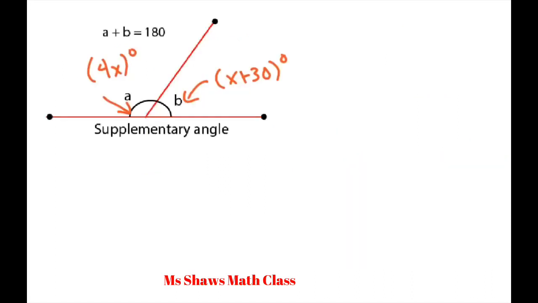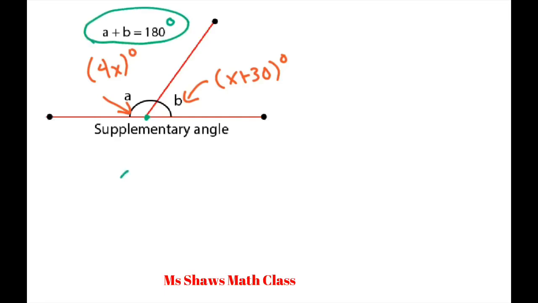Okay, these are the typical ones you get on a test. So basically this is angle A plus angle B, and they're supplementary angles. So what you do is you're just going to add them up to save time. So we're going to use this formula here.